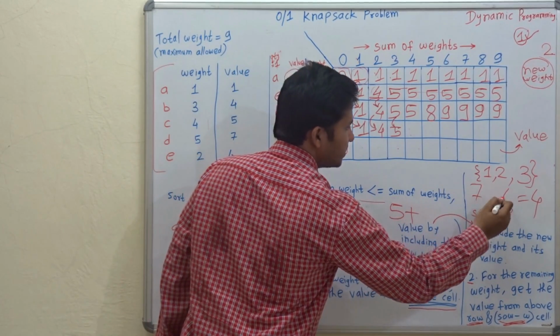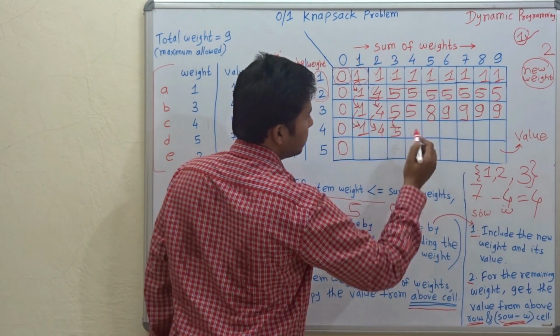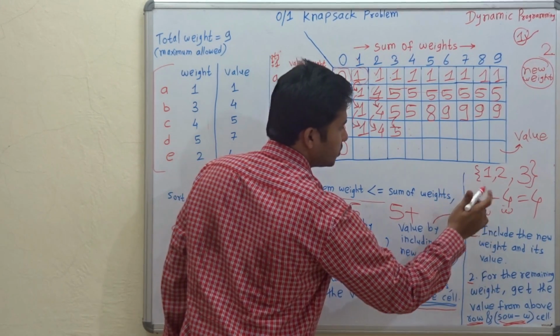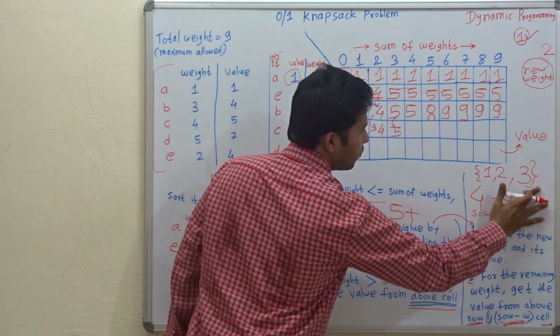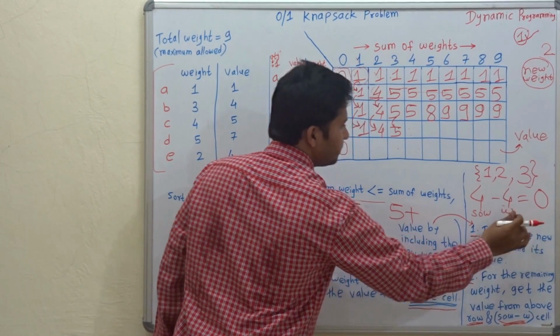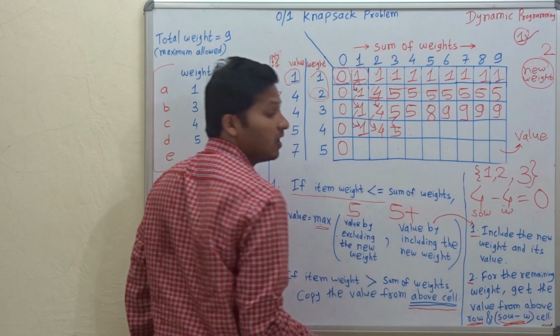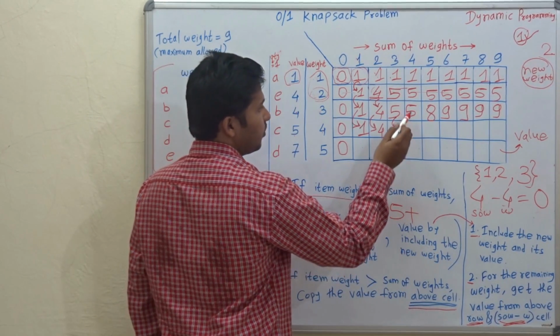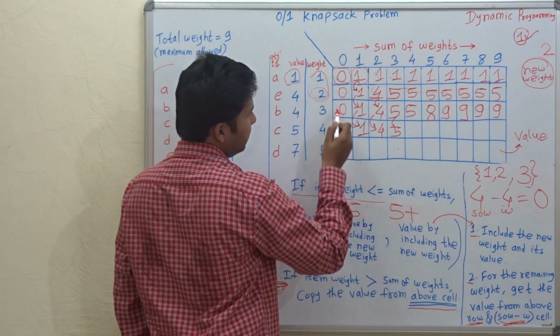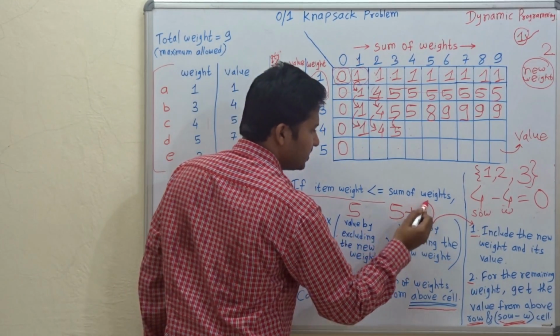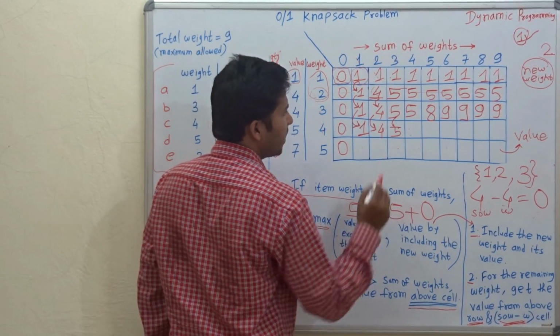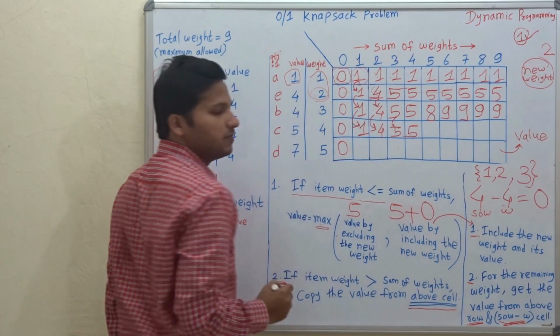The current weight is 4 and the total weight you have to form is also 4. So 4 minus 4 is 0. Go to the above row and the 0th cell, the value is 0. So 5 plus 0 is 5. The max of 5 and 5 is 5.